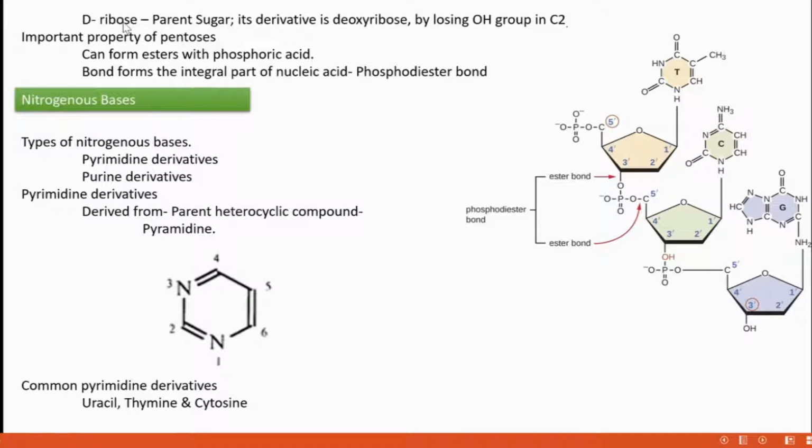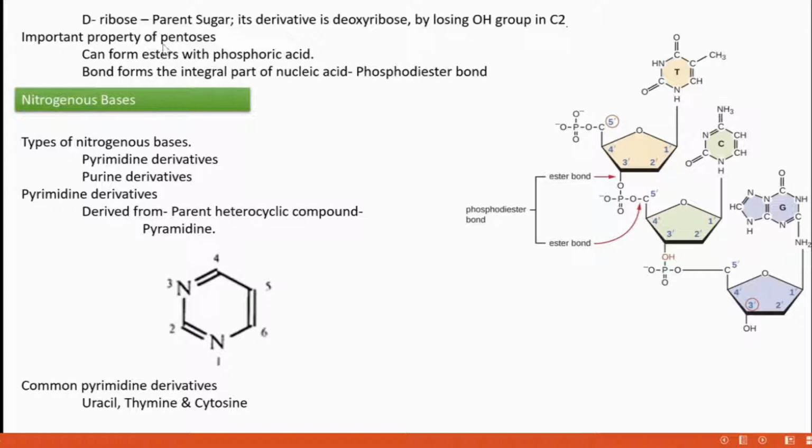D-ribose is actually the parent sugar, and its derivative is deoxyribose. How is deoxyribose forming? By losing the OH group at the second carbon position of ribose sugar, that I already explained to you in the previous chapter, the carbohydrate chapter.